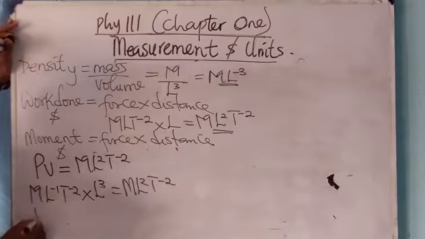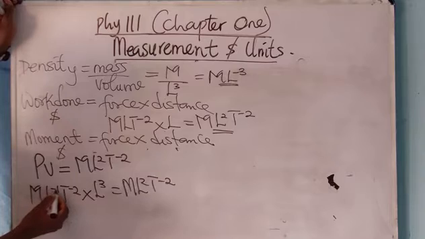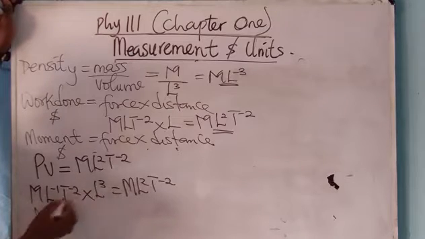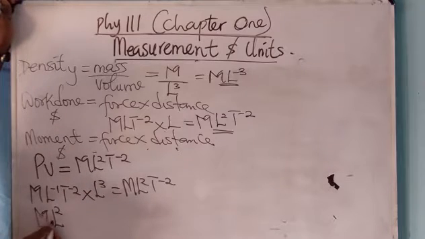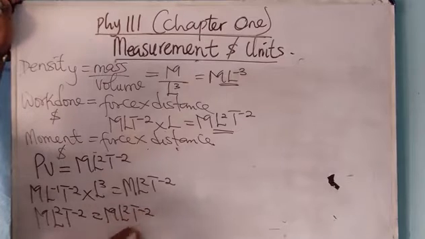You have mass, then minus 1 plus 3 is 2, so L², and T⁻².